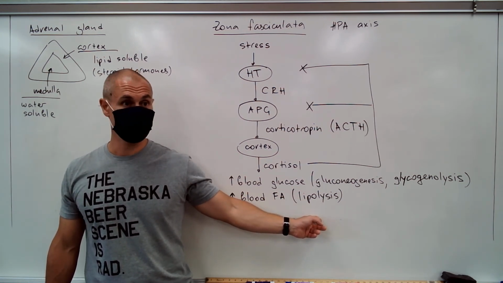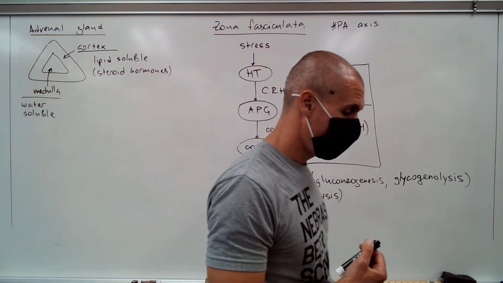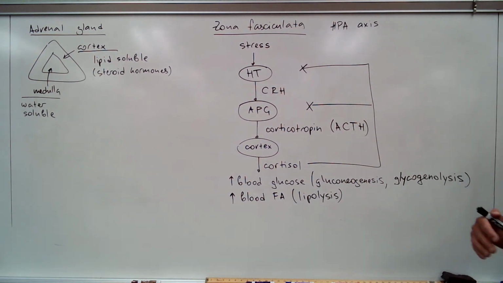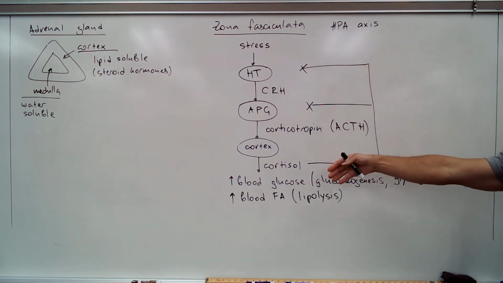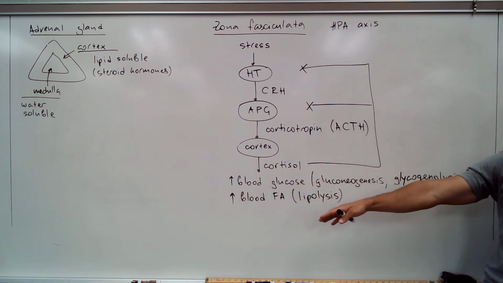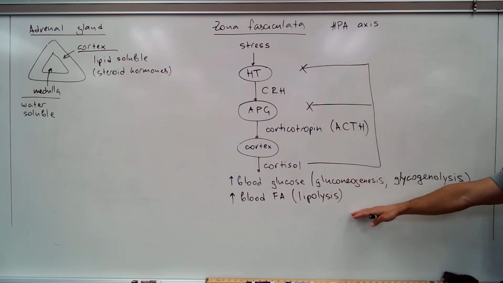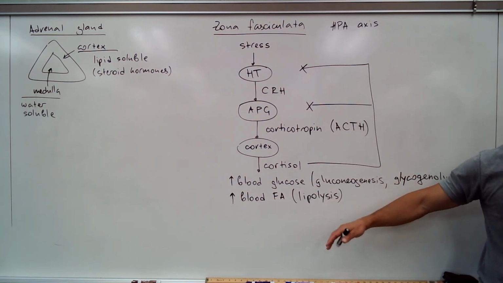Okay? That makes sense? Now, here's another question that I have for you. We found some parallels between cortisol as a stress hormone and growth hormone. They both induce elevated blood glucose and elevated blood fatty acids, basically stimulate making glucose and breaking down lipids, right?